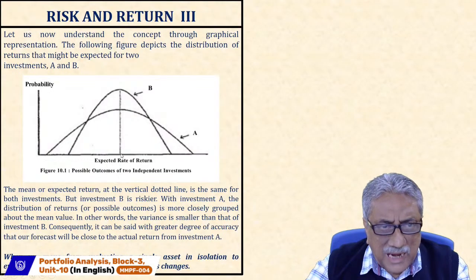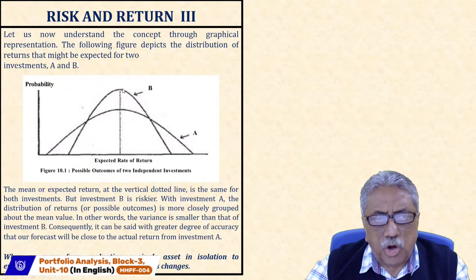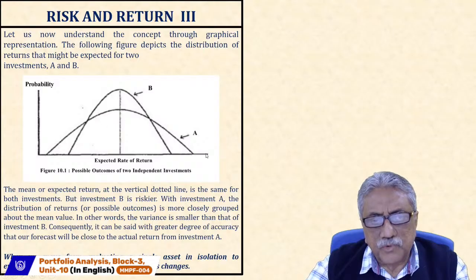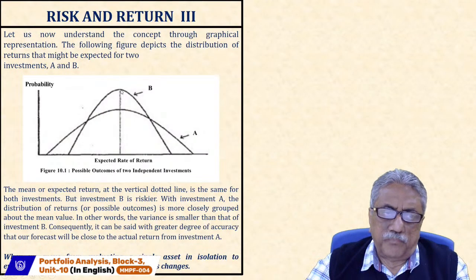It will move this side or that side, it will not go very high, it will remain within this. But stock B can go very high in probability, and then fall suddenly to this or this.